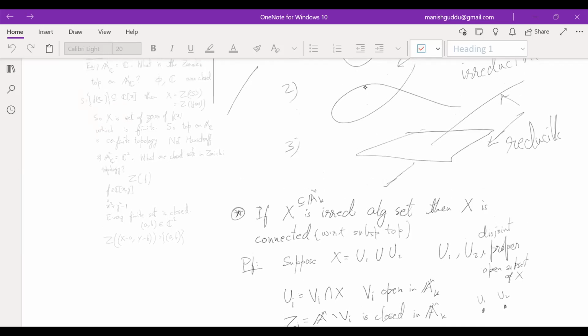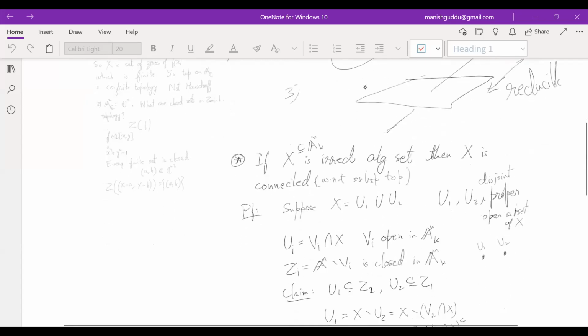But if you put R here, then it won't be connected in the classical topology. Pictorially it gives you a different intuition.